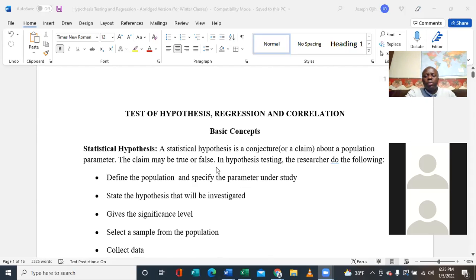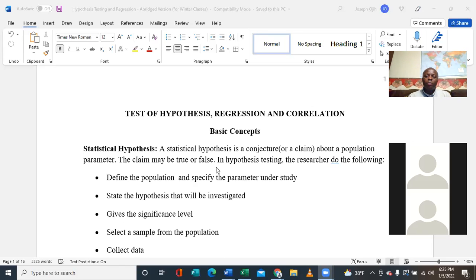I'll begin with what is common today that is always on the news, the COVID-19 vaccine. Before those vaccines are used on people, they have done some kind of clinical trials and tested it over and over before they can make a conclusion that it is good for protecting the people from the virus, at least to some reasonable extent.